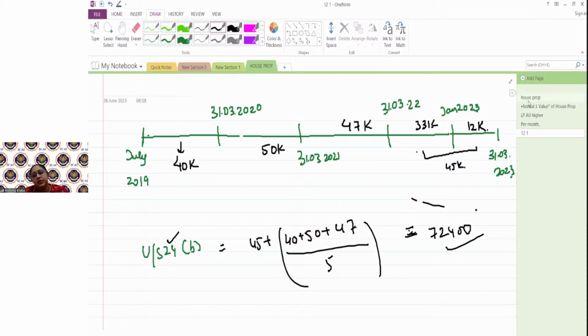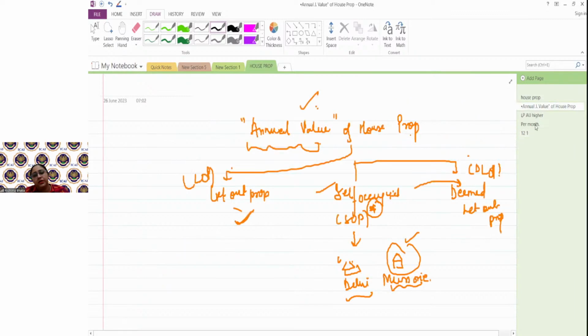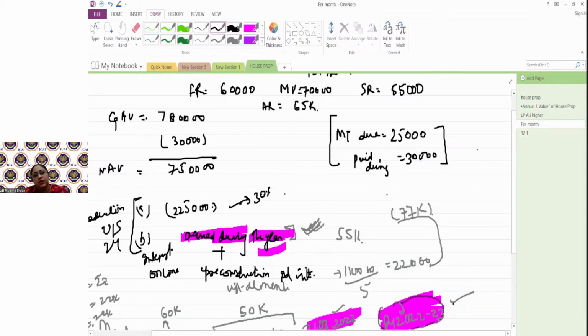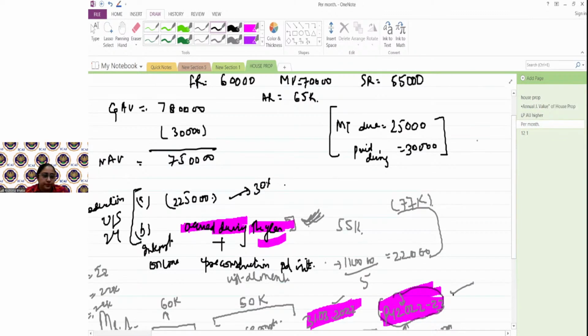In this case, the example which we were taking, the income from house property comes, and that, my friend, is gross annual value 780 आया था.